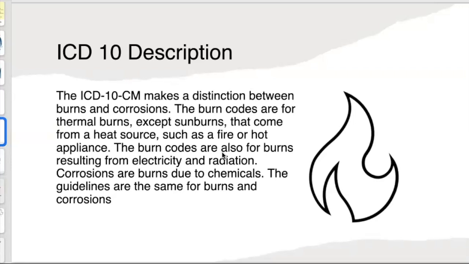However, corrosions, on the other hand, are burns due to chemicals. The guidelines are the same for burns and corrosion, so there's no difference at all in terms of code application, okay? When we talk about the guidelines, but there's a difference between the type of injury.